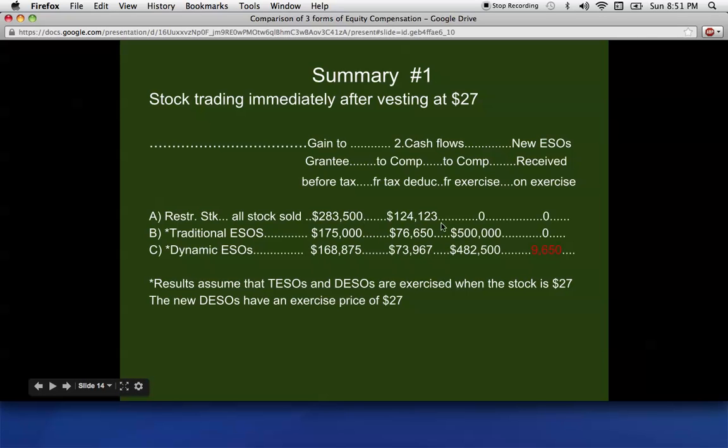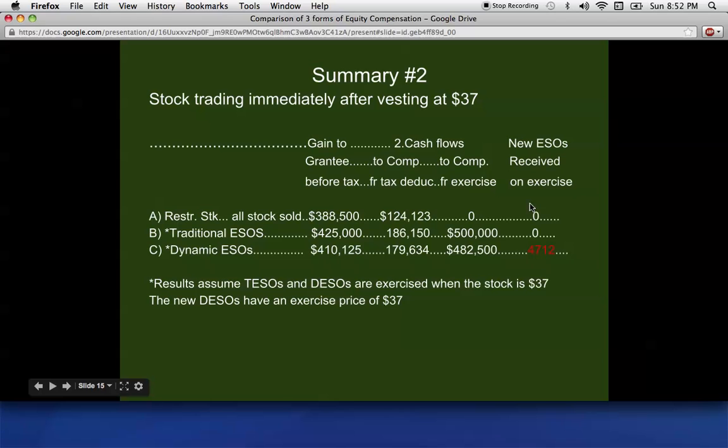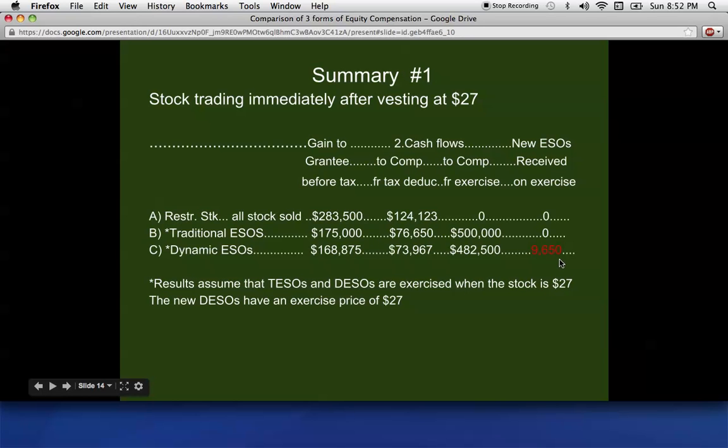The cash flows are minimal with regard to restricted stock in comparison to the cash flows that come from the employee stock options. And with the dynamic employee stock options, you get a little less, but you do get new employee stock options which are received upon exercise, and that 9,650 is equal to the number of new employee stock options that you get.